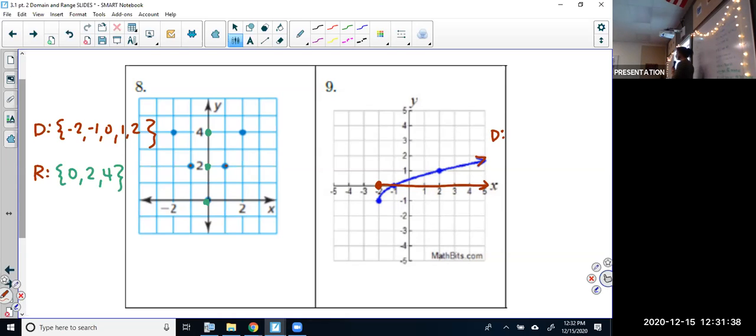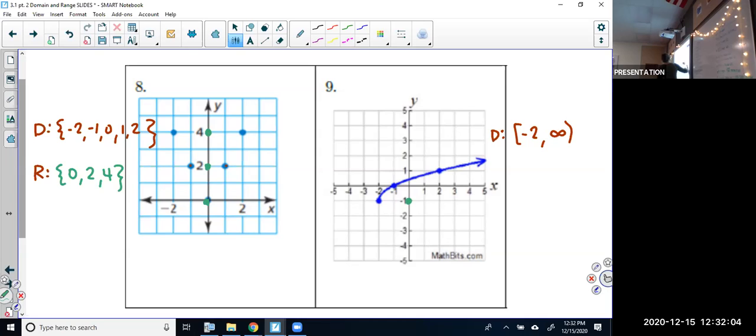So what should our interval notation look like? Bracket, negative... no wait, we're doing negative two, infinity, and parentheses. We always put parentheses with infinity. Nice. And then the range, this is the thing you have to be careful about.